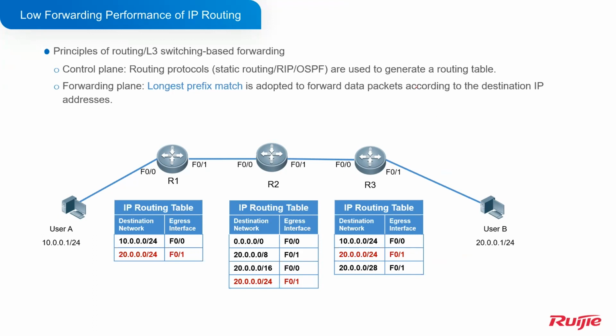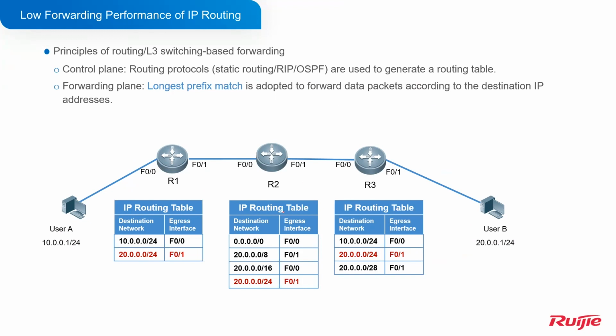Then according to the forwarding plane, all the network devices forward the message out by finding the longest prefix match. Let's take an example. Now user A and user B want to communicate with each other, and router 1, router 2 and router 3 each have a routing table.